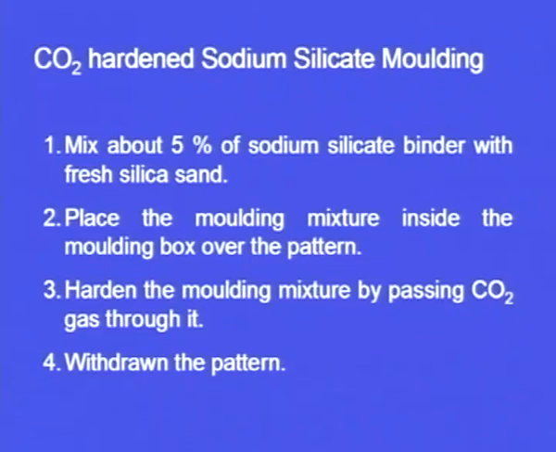After compacting the sand, not very tightly, we pass the carbon dioxide gas through the sand all over the surface. Then this sand will be hardened. Then we have to withdraw the pattern.